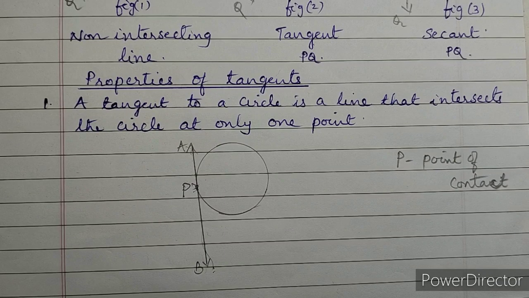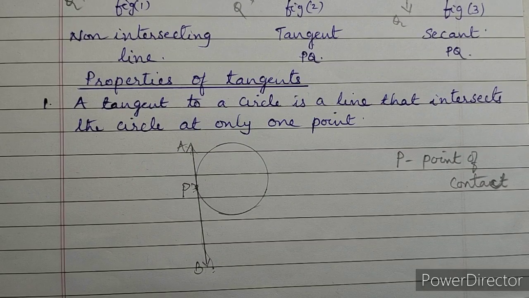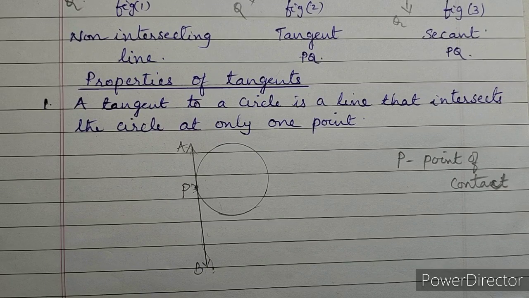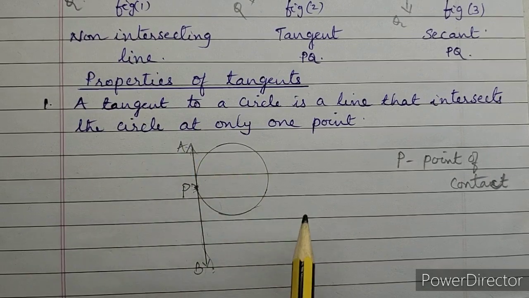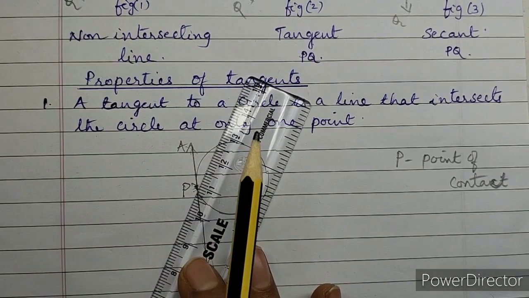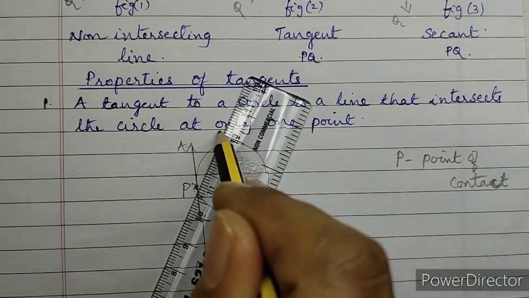Now you have to see that this tangent to a circle is a line that intersects the circle at only P. Now rotate the line, keeping the line at P only. This P is not changing, the line you are rotating. So when you rotate, the touching point will be there only.